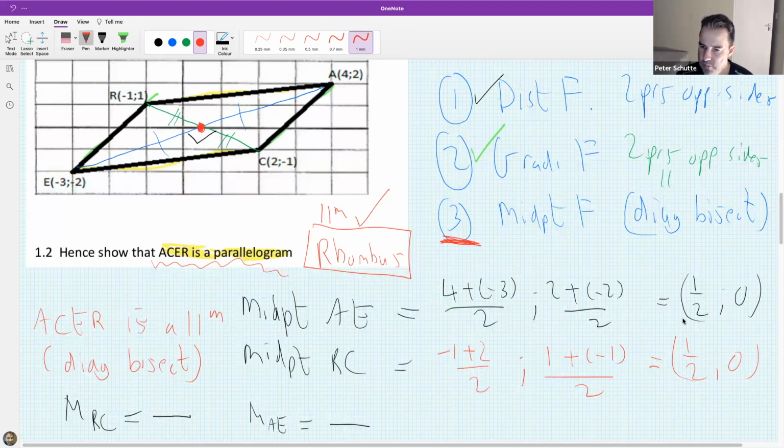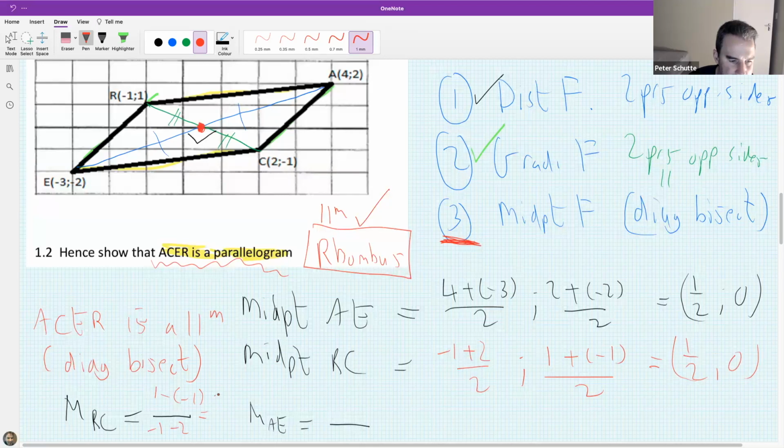Okay, so now let's find those gradients. So RC is 1 minus -1, so 1 over -1 minus 2.